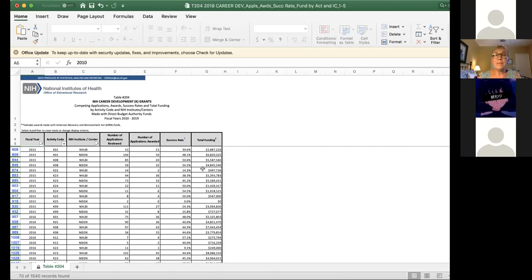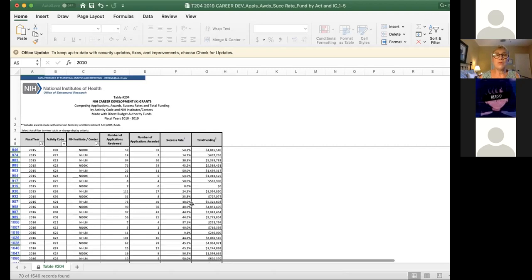And what we can see pretty quickly is there are more applications to DDK, but there's also a higher percent were funded. And then for some years, for some mechanisms, they're going to be almost the same. So what you want to do is decide which is the best for you.